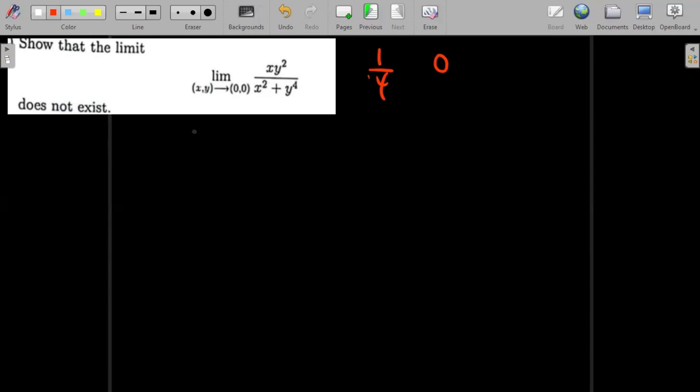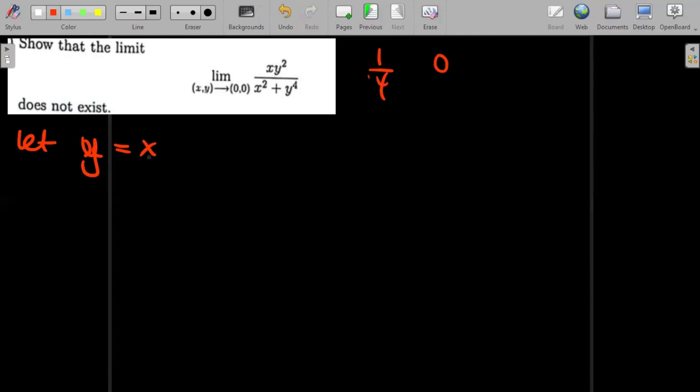So now, in order to show that, what you do is, first of all, you want to deal with only one variable. So you say maybe let x equal to what? Or let y equal to x, like this.